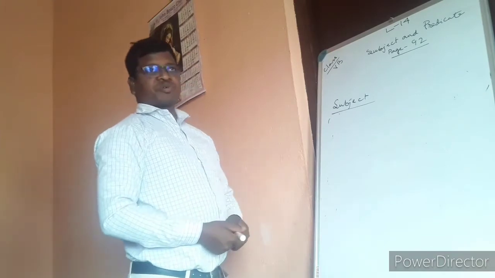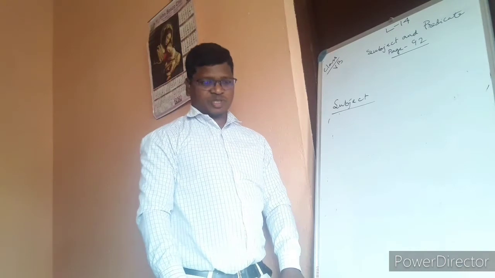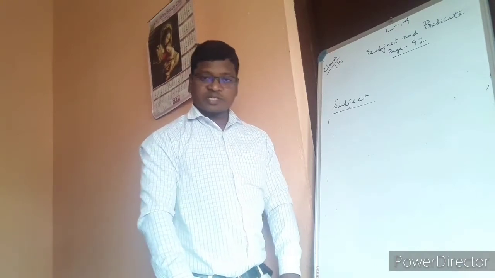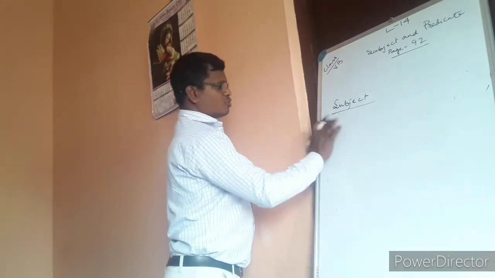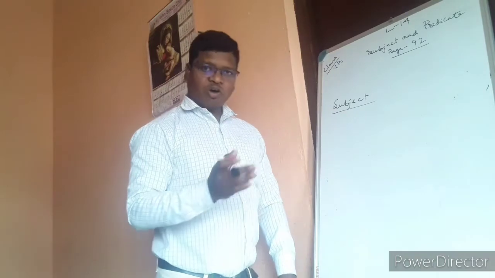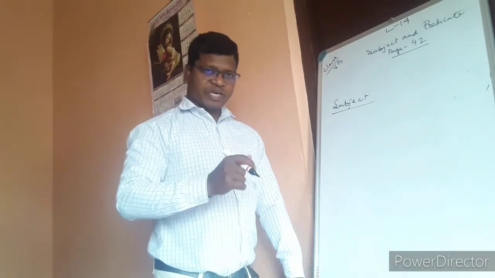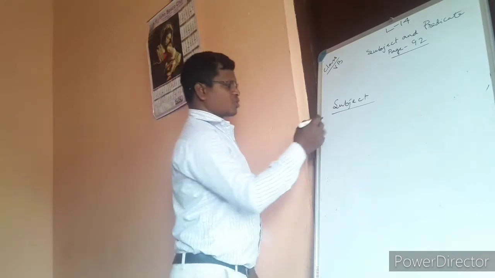One more thing that we need to remember: the subject of a sentence usually comes first, but sometimes it is put after the predicate as well. So do not take for granted that the subject will always be placed in the beginning. It may be in the middle or at the end as well.